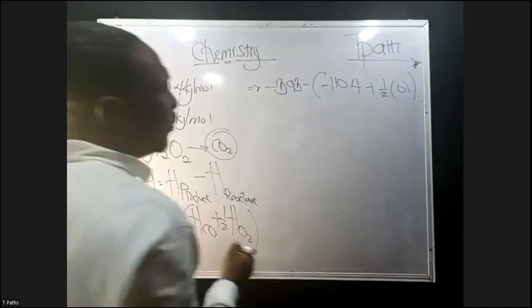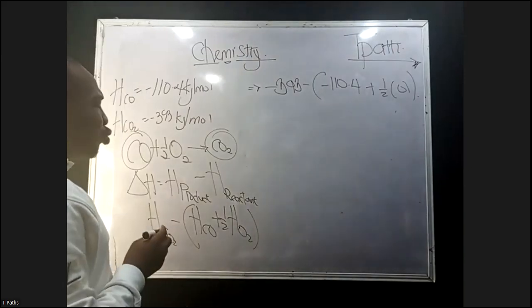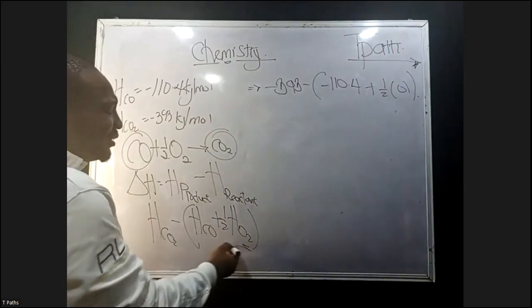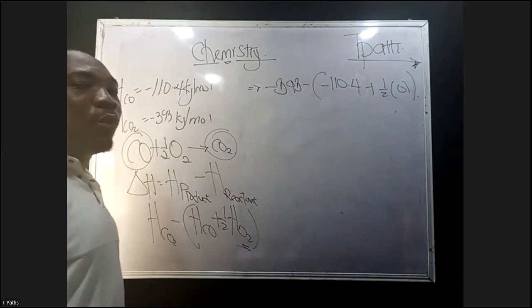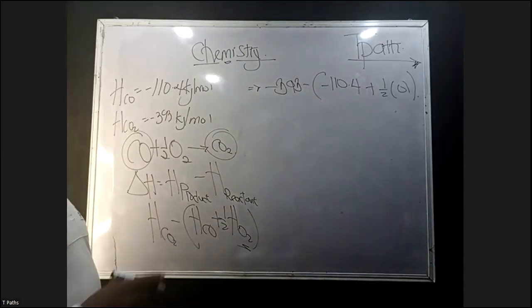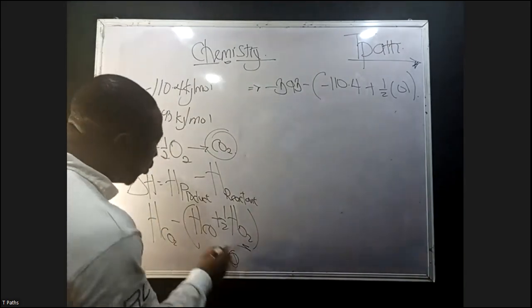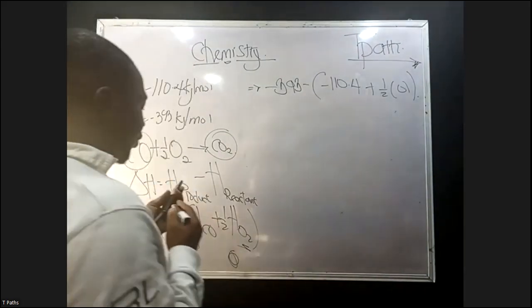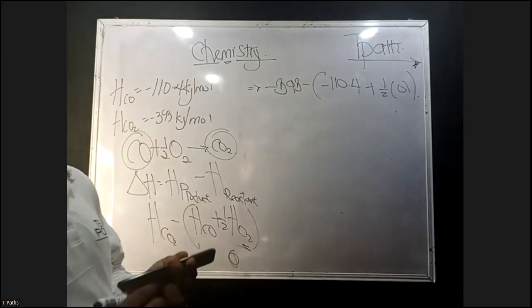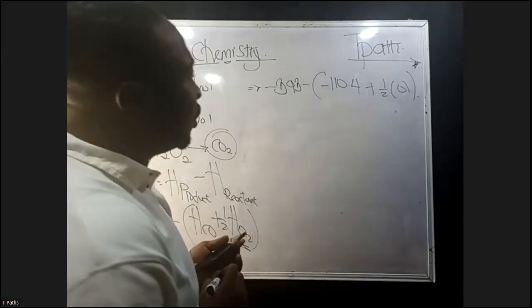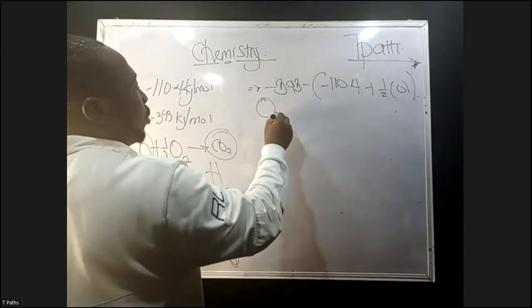Why is H of O2 0? Please note one thing today. O2 is the standard form of oxygen, and it will assume a standard value of 0. For all standard forms, they assume a standard value of 0. So for oxygen gas, we have O2 as the baseline.